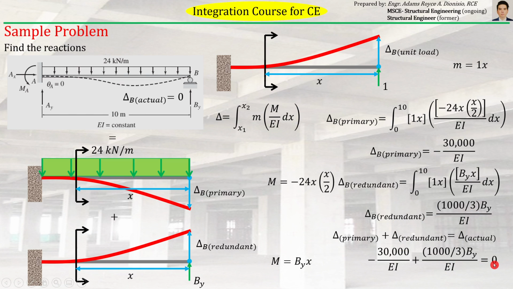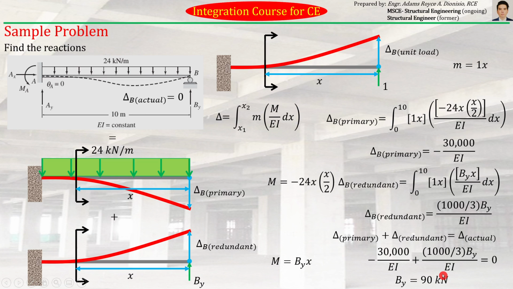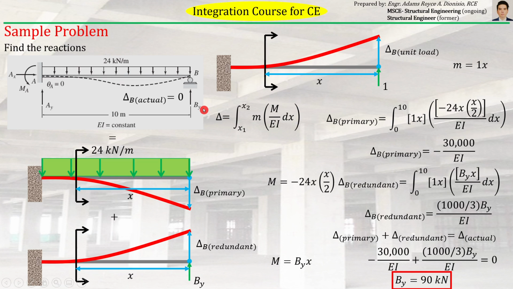So, By lang yung nawawalang unknown dyan. Yung EI cancel yan, obviously, kasi nasira yung right side. So, we can easily solve for By. By is equal to 90 kN. And that is already the first reaction dito sa given structure natin.